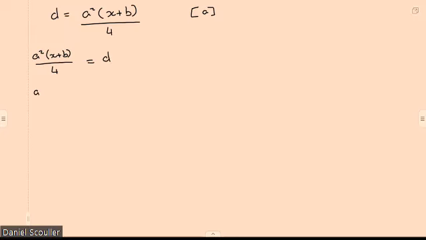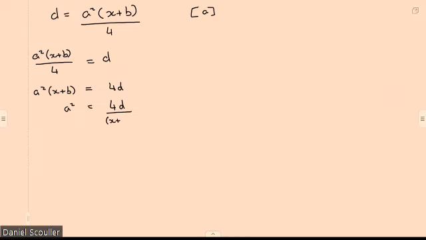Get rid of the fraction because it's interfering with everything, and that releases that top line. Now remember I'm isolating everything outside the bracket this time, so it's a squared multiplied by that bracket. So when I move that bracket across, the a squared stays there, and I'm dividing by everything in that bracket.